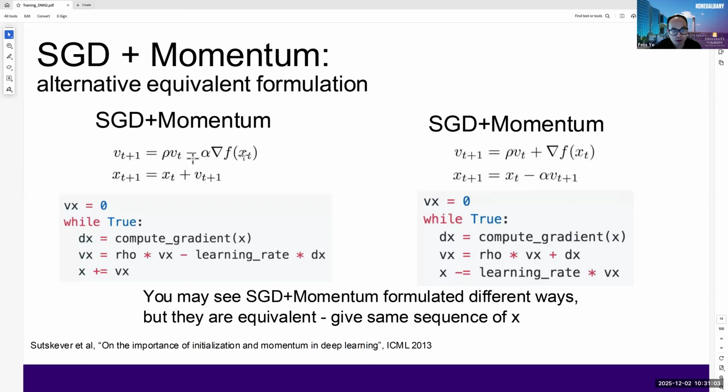Here we can move this alpha back to the top right here. Then it basically says we can actually get minus alpha on the top. So if we multiply the minus alpha on both hand sides, you will get something like this, right? So this is basically the exact same and equivalent formulation.